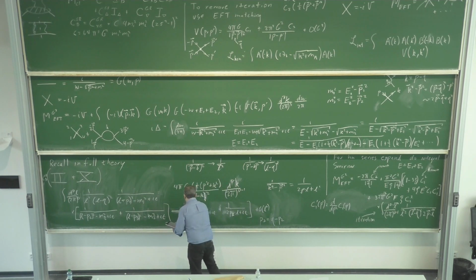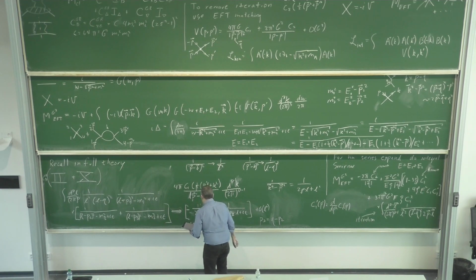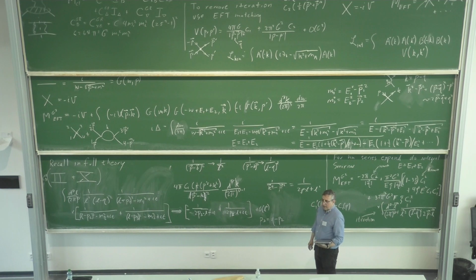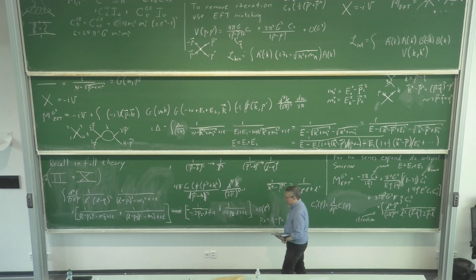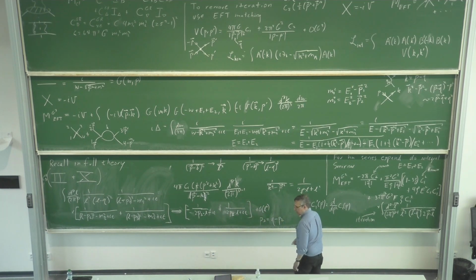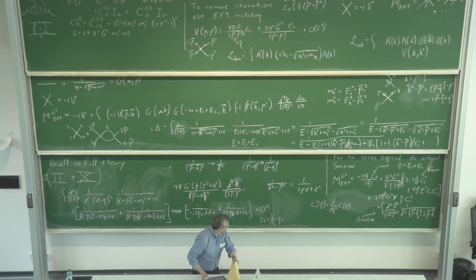I could put the minus sign here, and I'll flip the i epsilon, right? So this is a delta function. Now that delta function is actually profound. So what is this delta function doing?